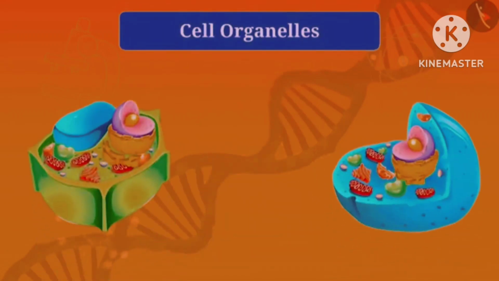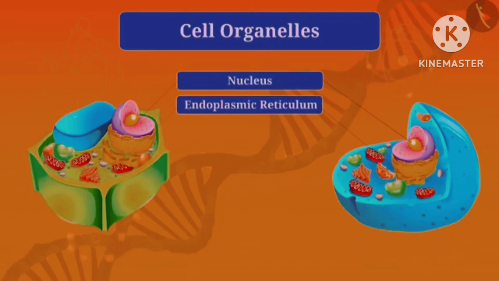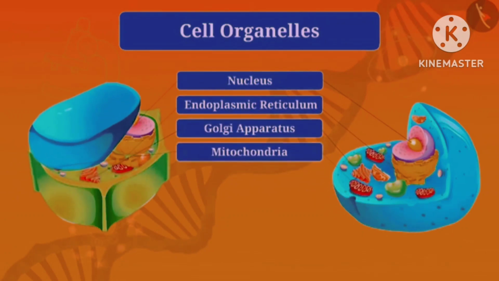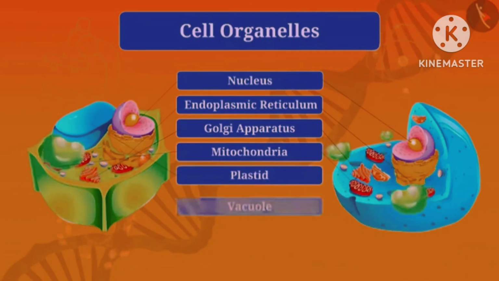These are cell organelles: nucleus, endoplasmic reticulum, Golgi apparatus, mitochondria, plastids and vacuoles.